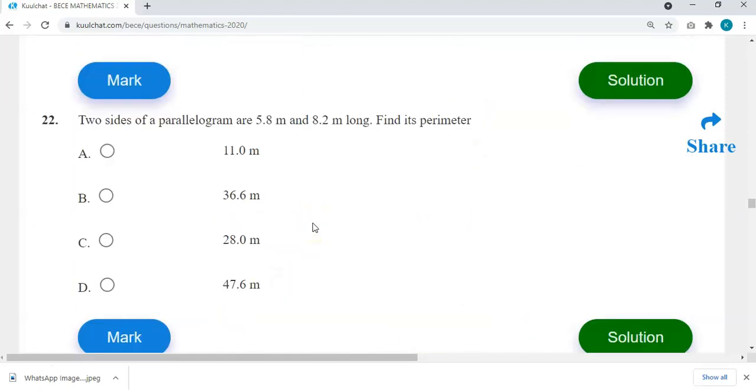And the square has all the 4 sides equal. So to find the perimeter of a square, it's just adding each of the sides, which are all the 4. You'll be given only one side, since the rest are of the same size. So you just multiply it by 4, or that side plus that side plus that side plus that side. This 4 times will give you the total perimeter of the square. Okay, so we are done with question 22.